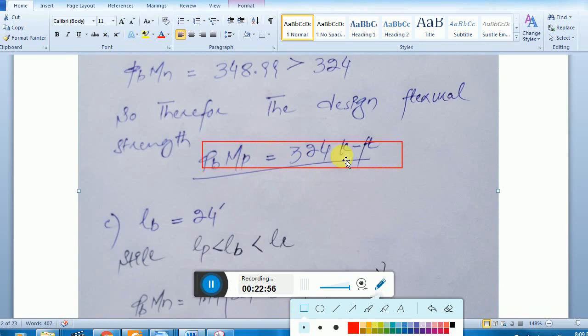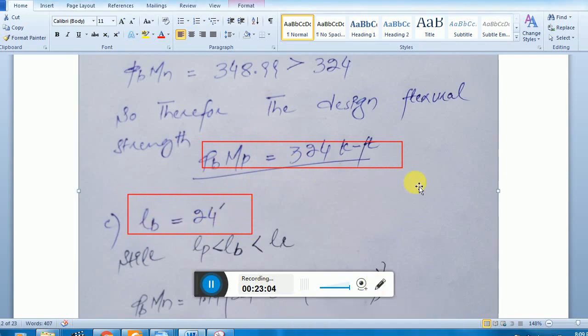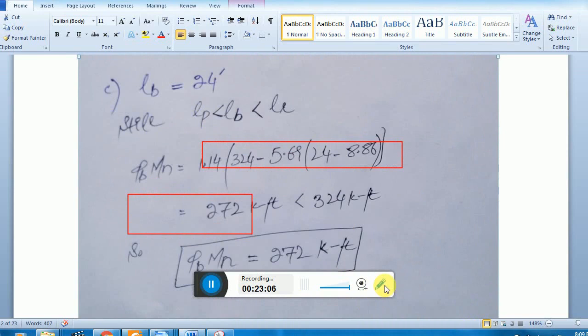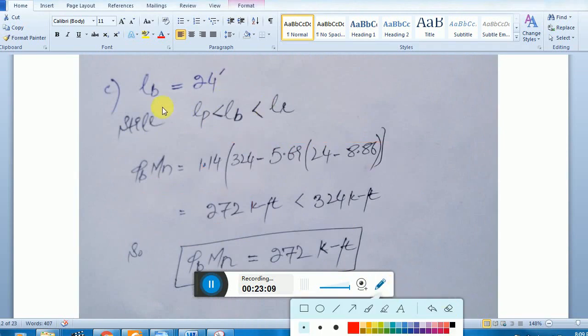This is basically for the second condition. Now we are entering the third condition, and in the third condition your Lb is basically 24 feet. Now if you change the Lb value, you are still in zone 2, because your 24 value is less than Lr, okay. Your Lr you need to search for.